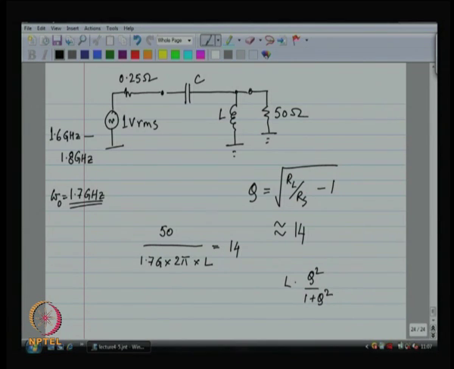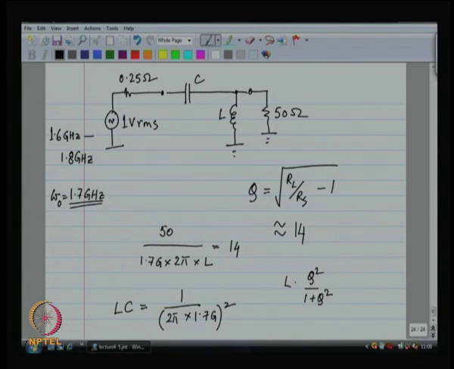So, the value of L remains more or less unchanged when you transform it from parallel to series, and then this inductor needs to resonate with the capacitor at the chosen frequency. So, C times L should be 1 by omega naught squared, and from this you can figure out what is the value of C that you need.